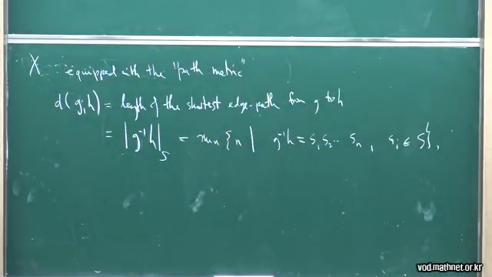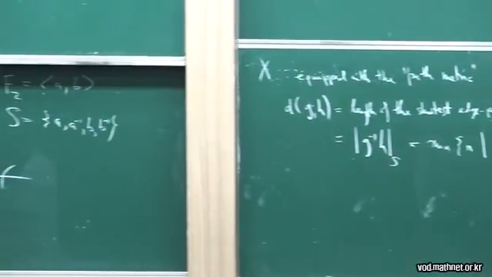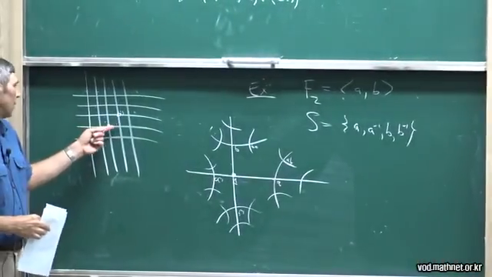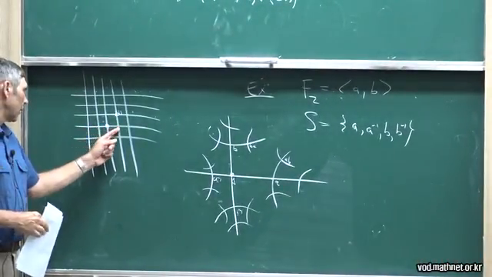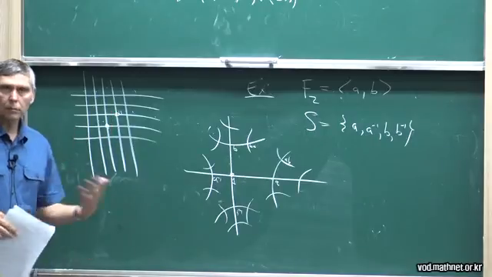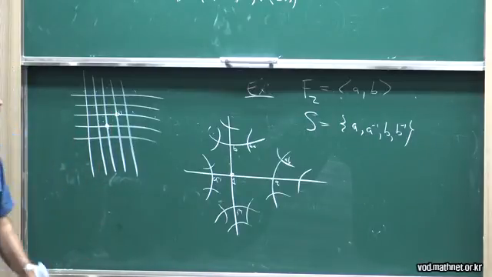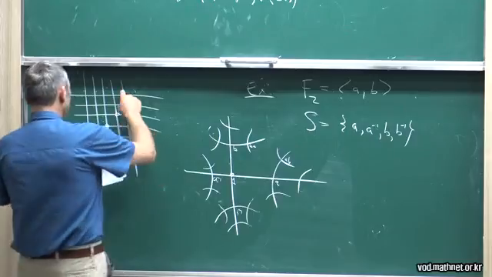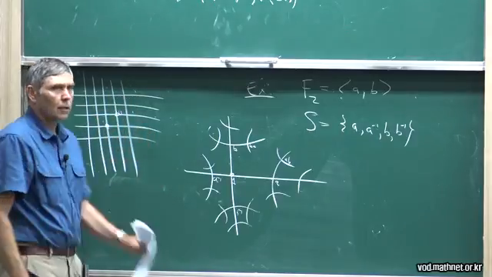So, for example, if you take the identity element and you take the element (1, 1), then the word norm of this element is 2, because you can write it as either the horizontal generator times the vertical, or vertical times horizontal, but the minimal length is 2. So you just measure the distance between any two vertices, and that's your metric.